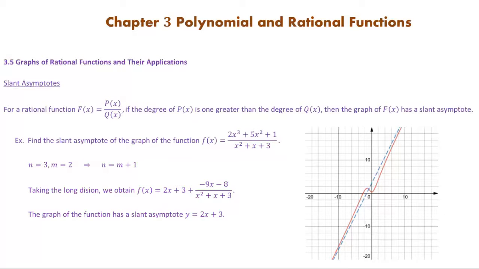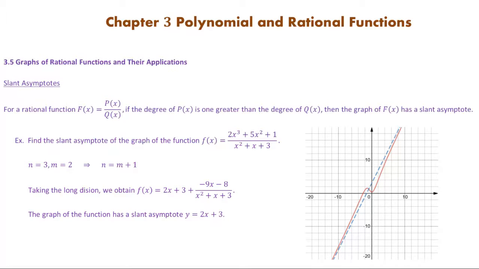The curve just approaches a line, neither horizontal nor vertical. So it's called a slant asymptote.